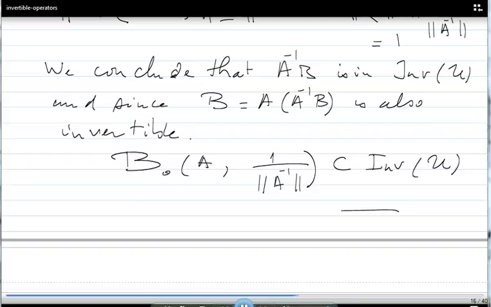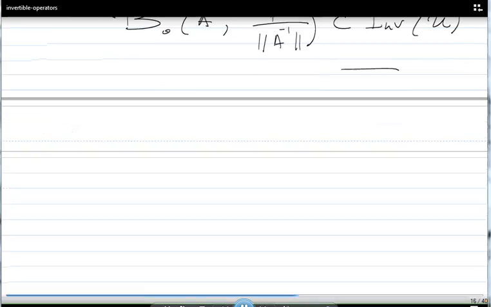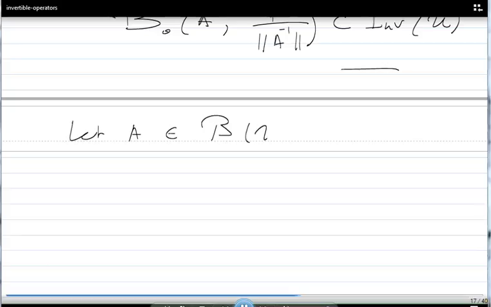The next result has something to do with what we call the spectral radius of an operator. So here, let's take a definition. Let A belong to B(U), where U is a normed vector space.